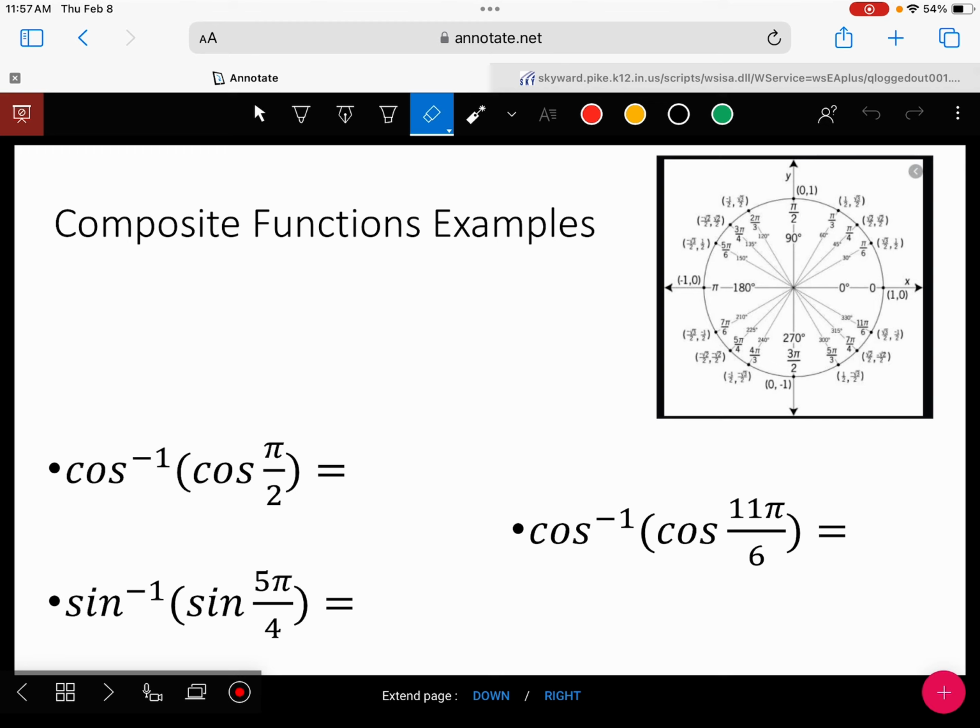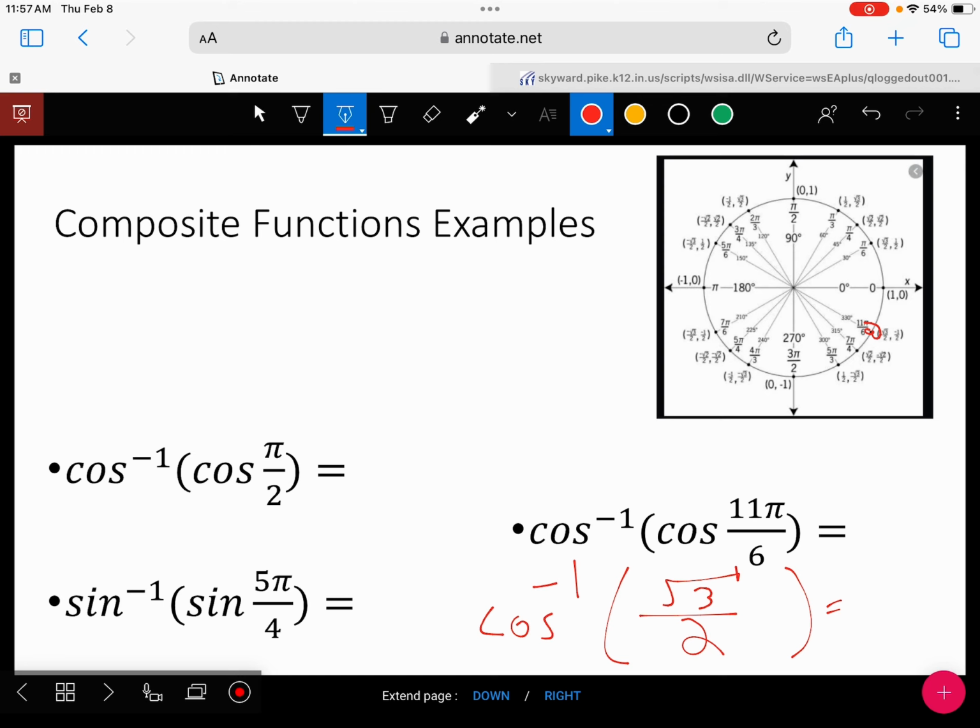If you evaluate the inside, you're going to get that inverse cosine. The inside cosine of 11 pi over 6 puts us right here. I know it's hard to see, but that x-coordinate is going to be root 3 over 2. Then to take it home, we just need to apply our inverse rules that we've learned.